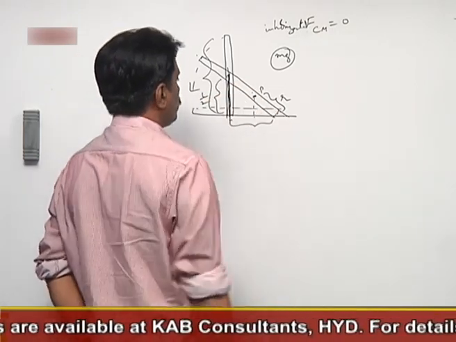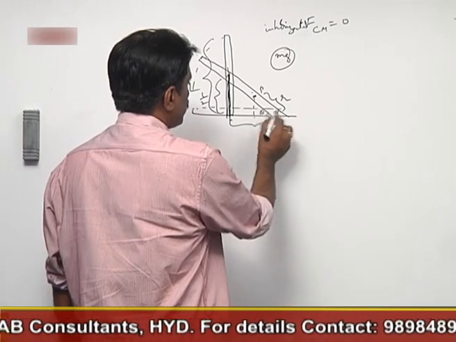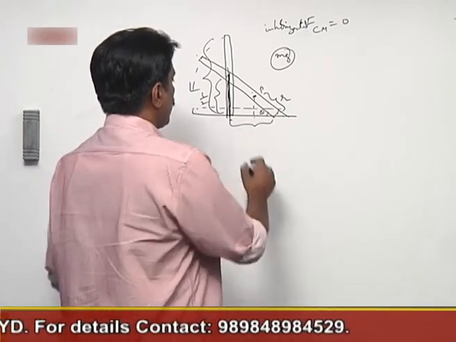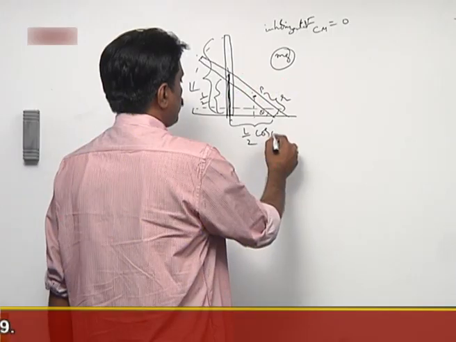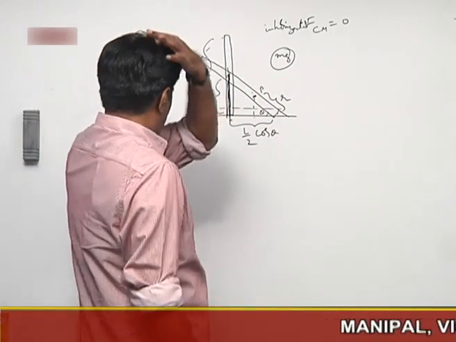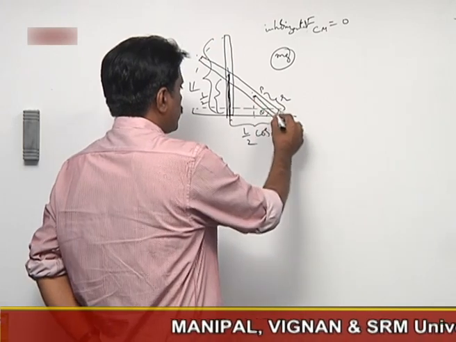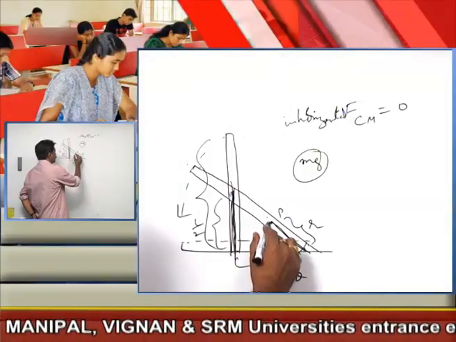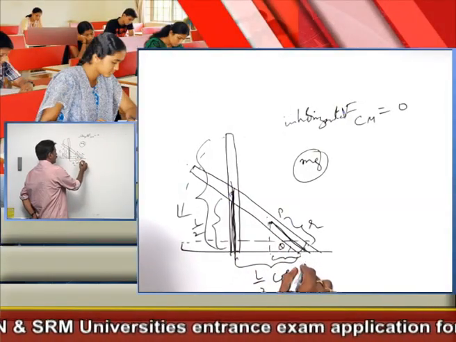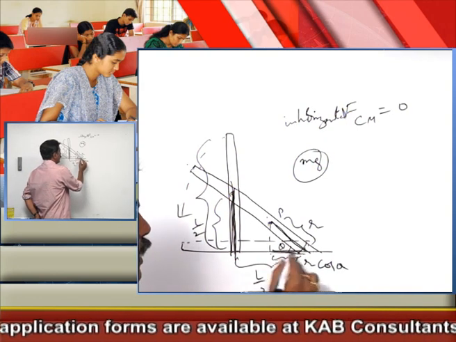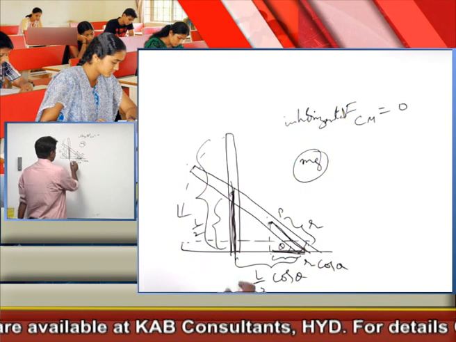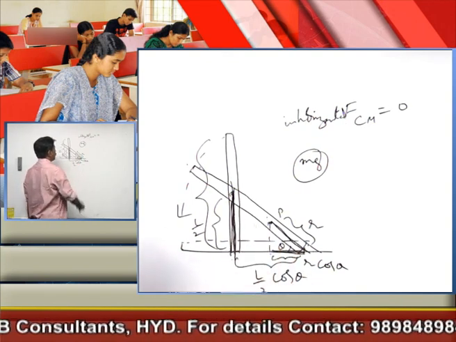Suppose this angle is theta, then this will be L by 2 cos theta. Because this is taken as distance r, this distance will be r cos theta. This will be L by 2 cos theta.